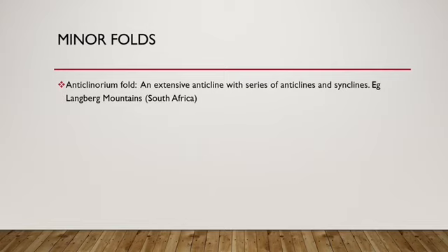Now we have minor folds that we call the anticlinorium fold, and then we have the synclinorium fold. The anticlinorium folds are just talking about extensive series of anticlines and synclines that are found within an anticline. So when we have an anticline, then we have several series of anticlines and synclines found within an anticline, we call it an anticlinorium.